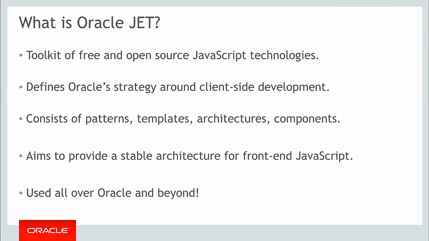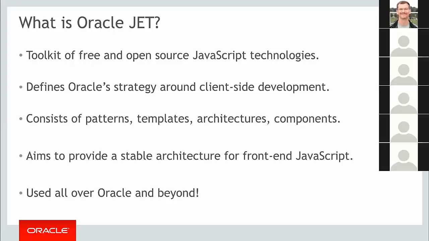It consists of patterns, templates, architectures, components such as graphs and charts, and it's focused on providing a stable basis for front-end JavaScript development. It is used all over Oracle as well as in the Oracle ecosystem and beyond, as the speakers that you will hear from today will illustrate.